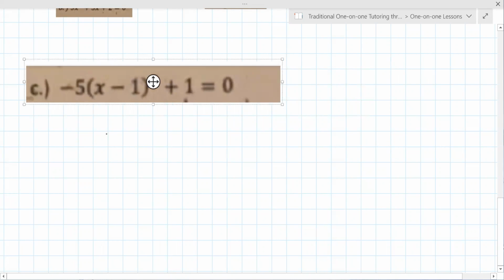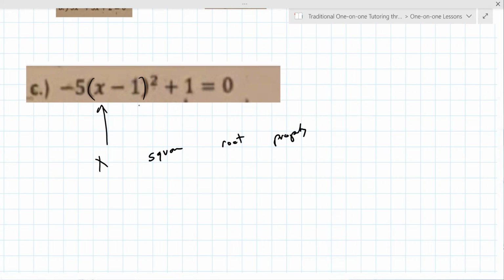I see 1x. 1x means it's square root property. It's also the other stuff that we just mentioned, like it's in parentheses. It's the only one with parentheses. Okay. So then parentheses, square root property.